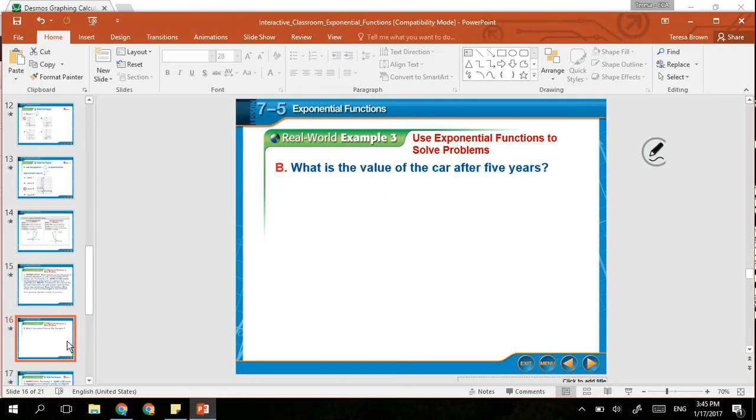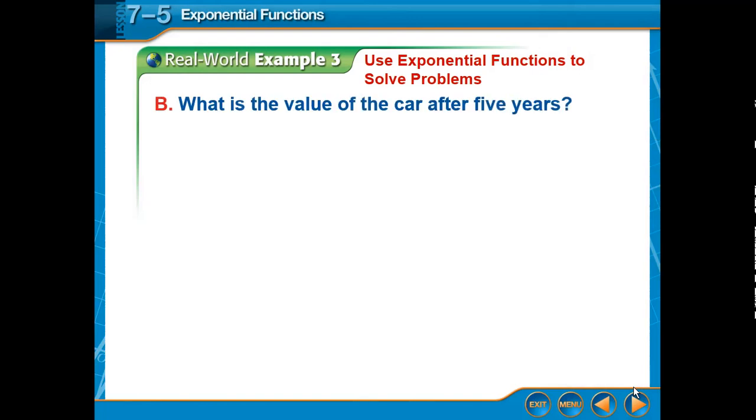The next part says, what is the value of the car after 5 years? To do this one, all we're going to do is plug in 5 into our function for t. So v equals 25,000 times 0.82 to the t. We're going to put in 25,000 times 0.82 to the fifth, and then put it in your calculator and solve.